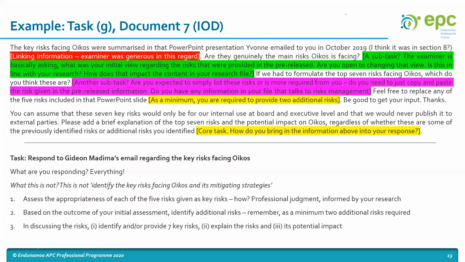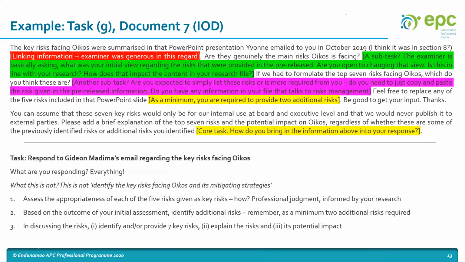What is everything? One, the assessment of the appropriateness of each of the 5 risks given as key risks. So I would have then expected you to then say, risk number 1, I do agree it's a what? It is a key risk because of 1, 2, 3. Risk number 2, I also agree it is a key risk because of 1, 2, 3.